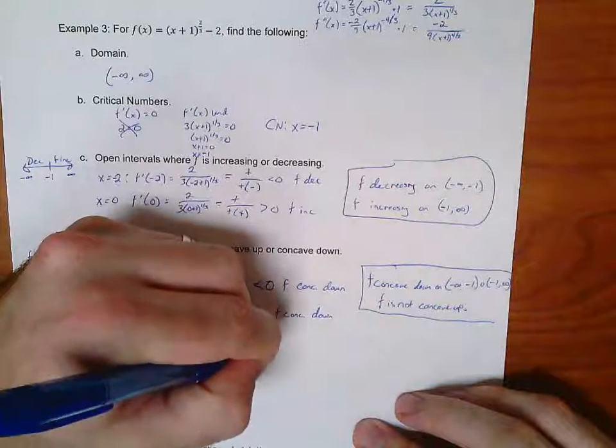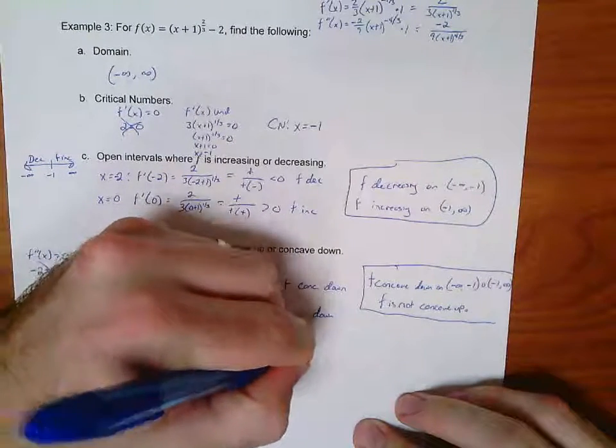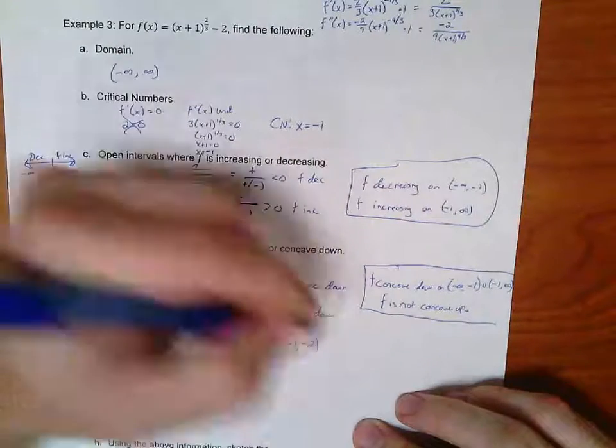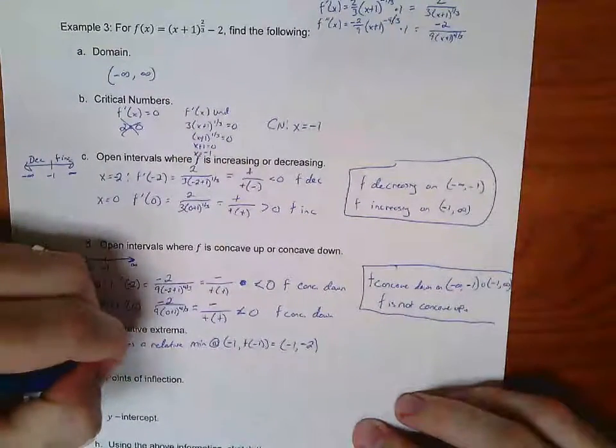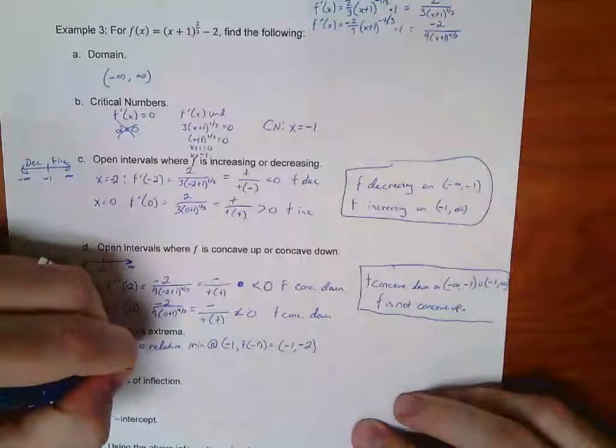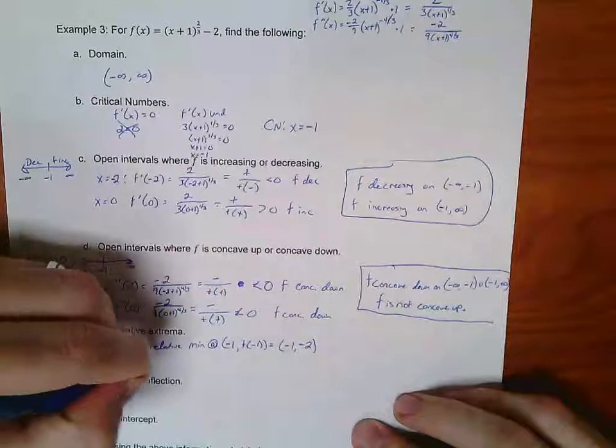F of -1, so that's going to be -1 comma, when you do the work, which I expect you to do, -2. And that was our only critical number, so it can't have a relative max or any other relative minima. So f has no relative max.